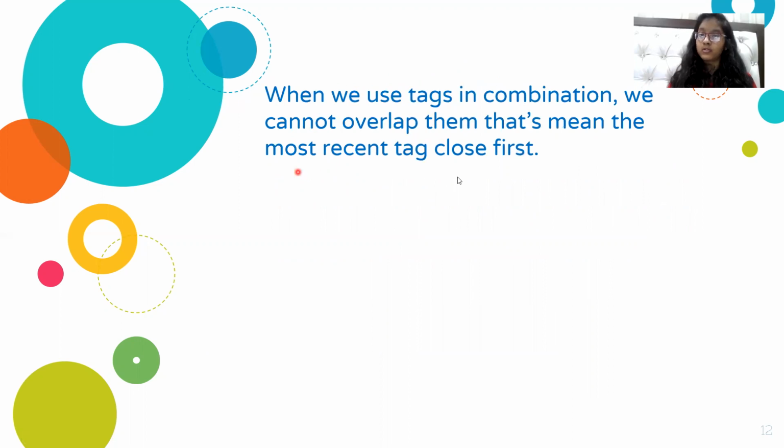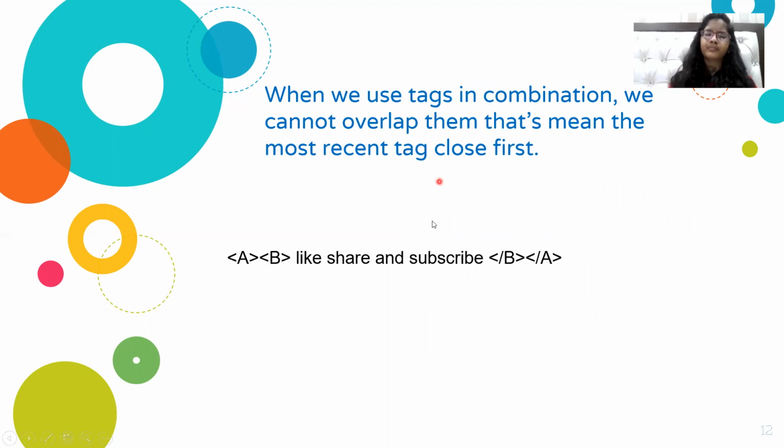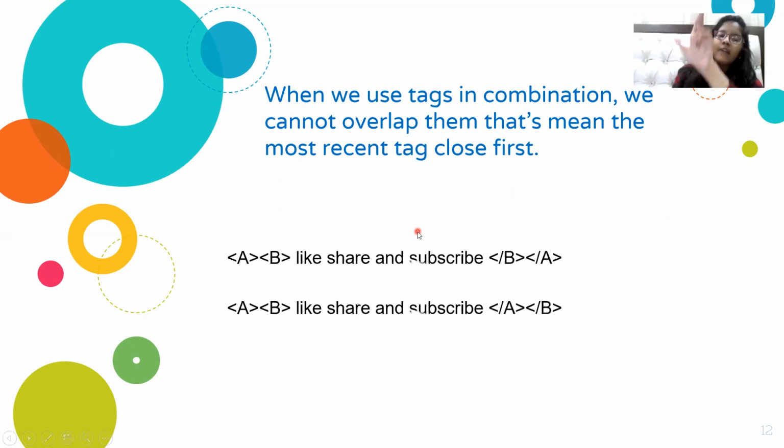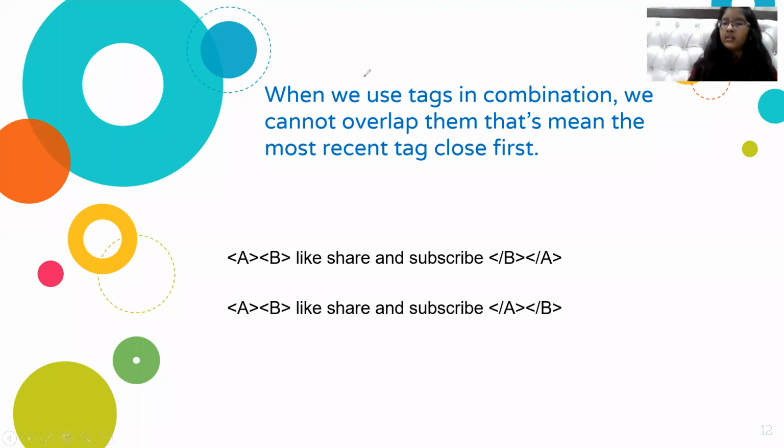Next, when we use tags in combination, we cannot overlap them. That means the most recent tag goes first. Let us understand with an example. Here I have two examples in front of you, one wrong and one correct. In very simple terms, when tags are used in combination, they do not overlap. That means the most recent tag is closed first.